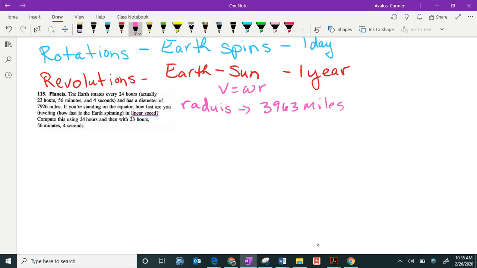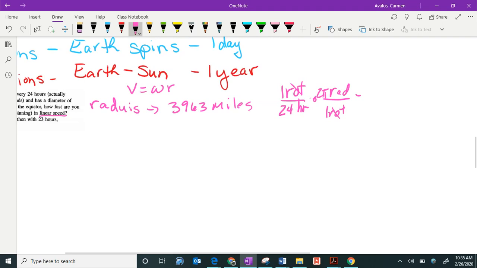If we're talking about the linear speed, because that's what we're asking, we have the radius, and v is going to be omega times r. We can calculate omega: it's one rotation in 24 hours, the rate at which omega is going. We change that, one rotation is 2 pi radians, so the rotations cancel and you're left with 2 pi radians over 24 hours.